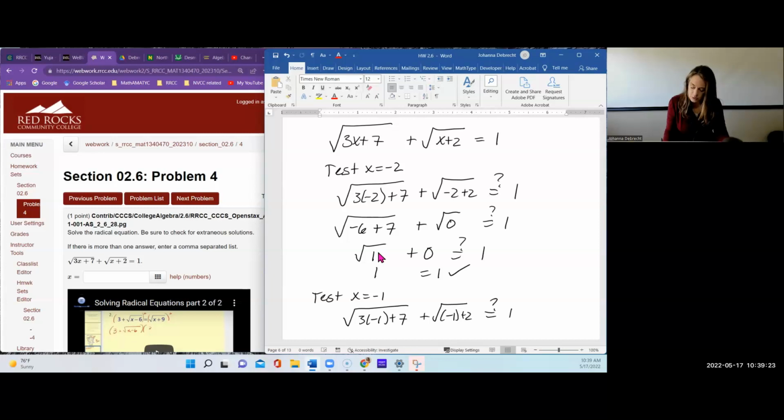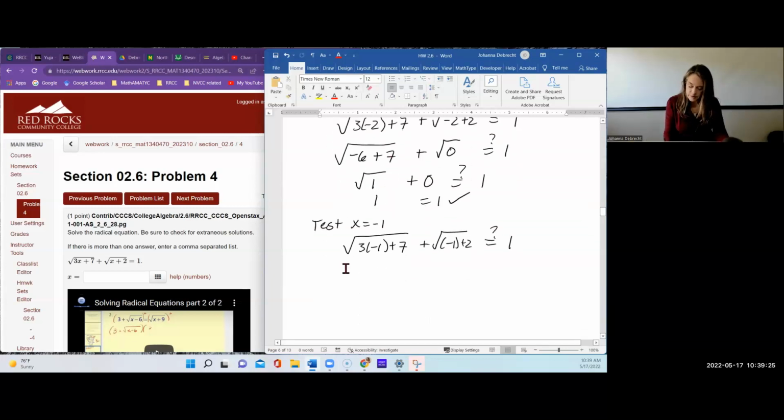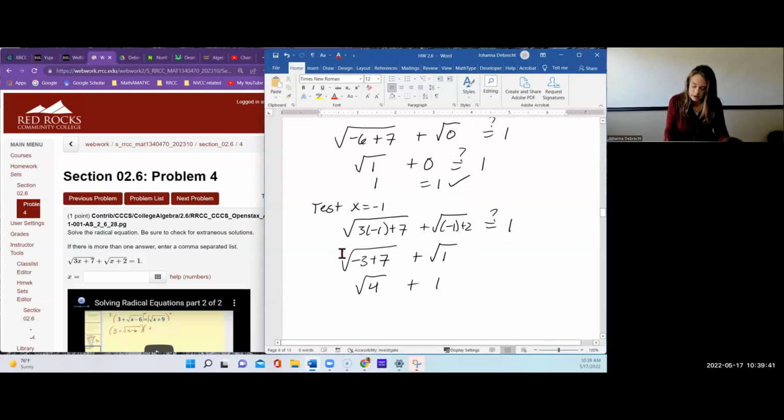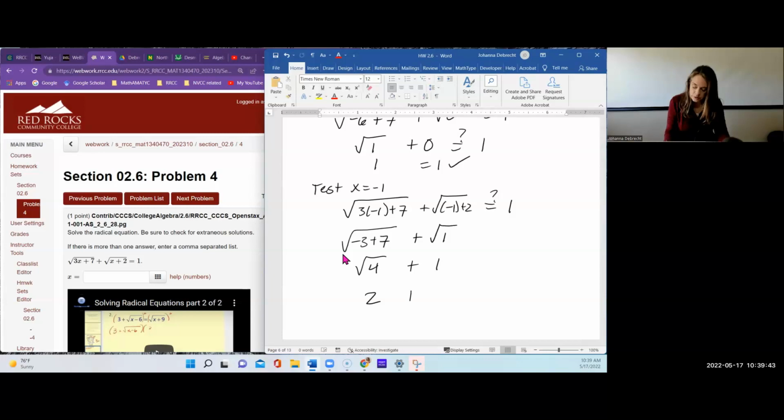Does that really equal 1? 3 times -1 gives me a -3, plus 7 would give me 4. In the second problem, -1 plus 2 gives me 1. That would be 1. The square root of 4 is 2, and 2 plus 1 gives me 3. And I've got a problem because 3 does not equal 1.